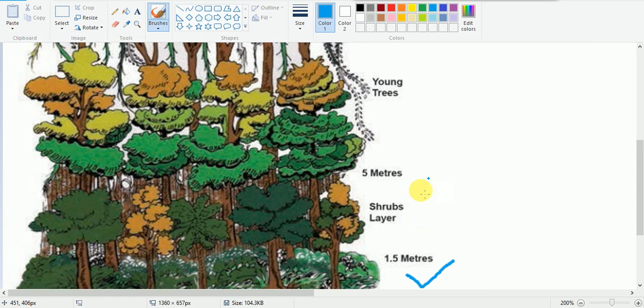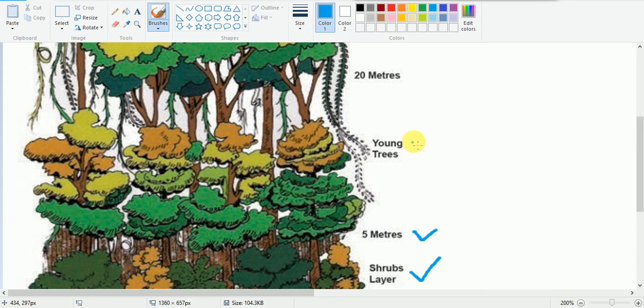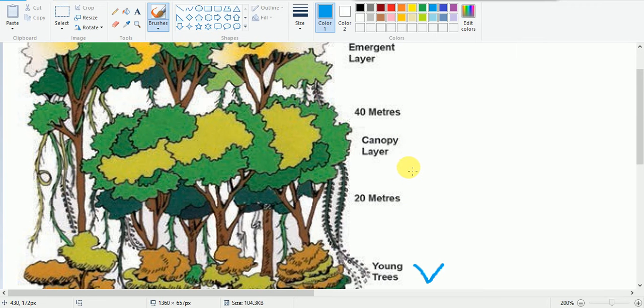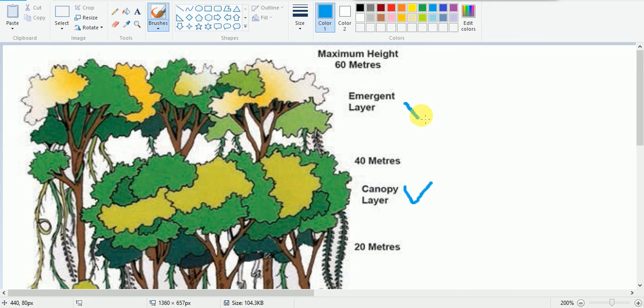Next we have a shrub layer, that is small trees, together with the creepers. Height is 5 meters. Above it we have young trees. Then next we have this canopy layer having the height of 40 meters. Then next we have the emergent layer. These trees have the maximum height of 60 meters and above.